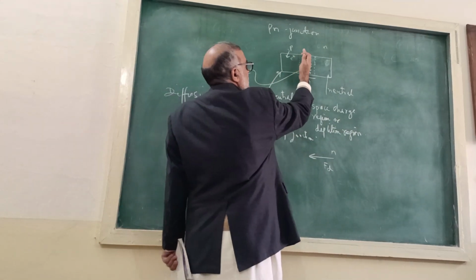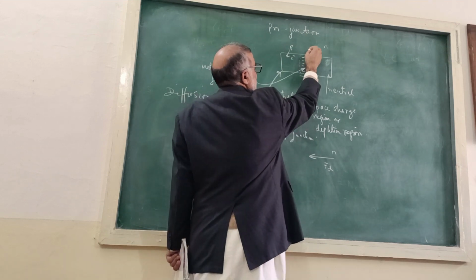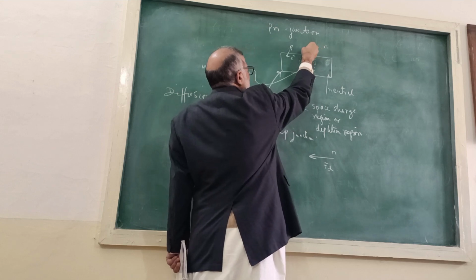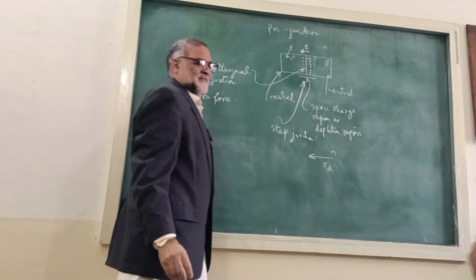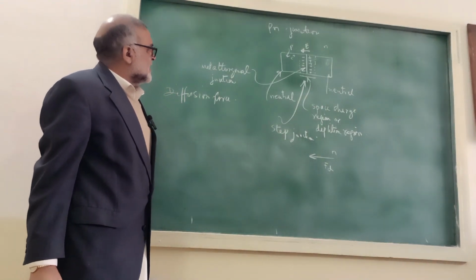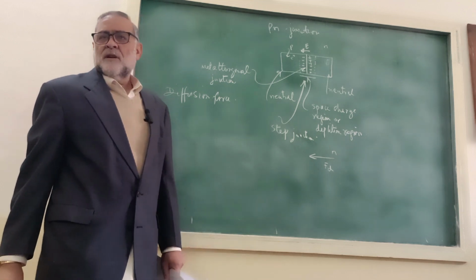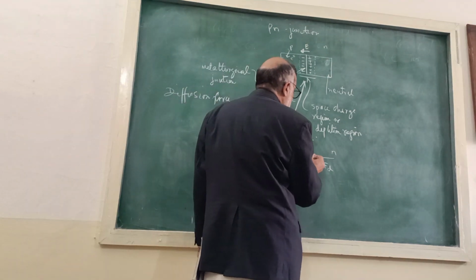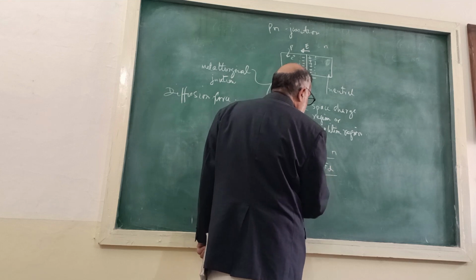But because of this, there is an electric field in this direction, and electrons will face a force opposite to the direction of the electric field. So there will be an electric force on the electrons in this direction.